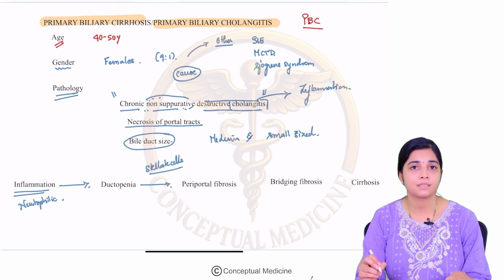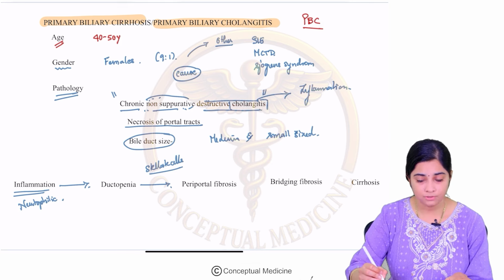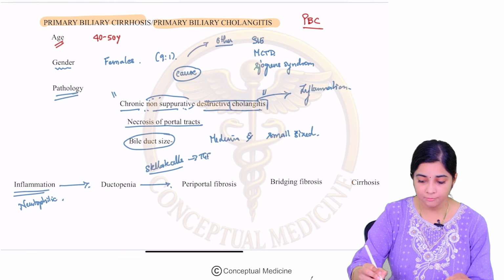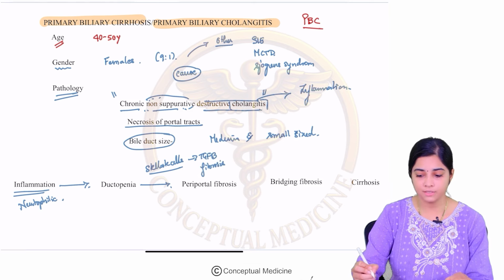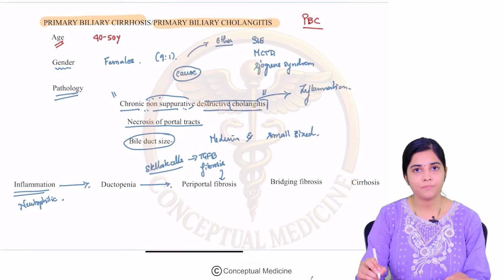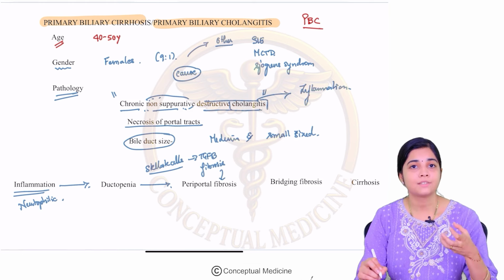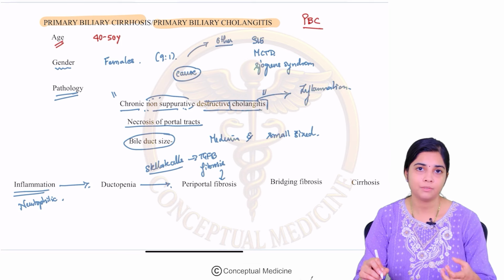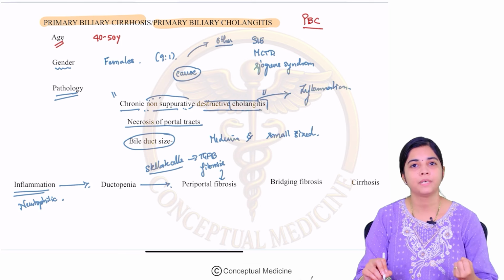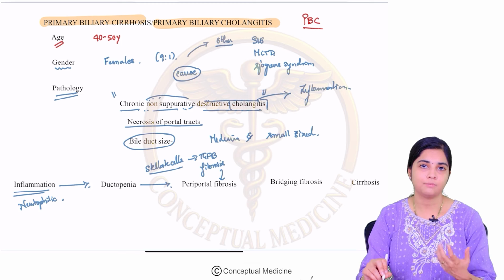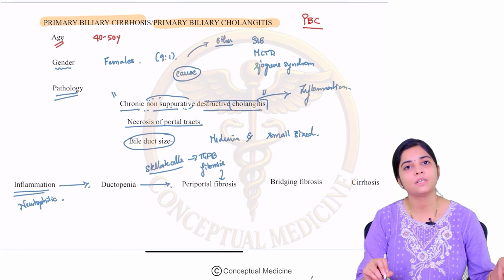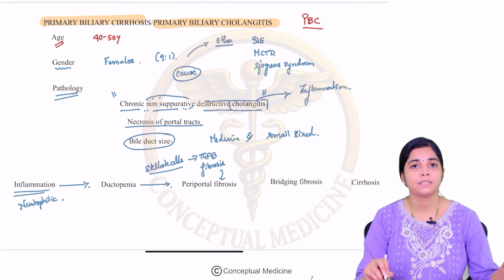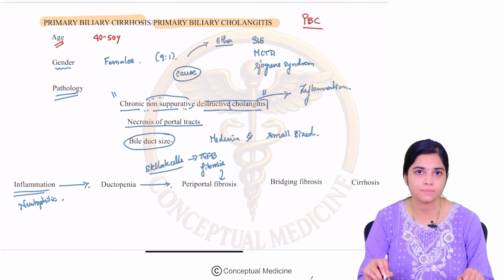When the stellate cells get activated, there is transforming growth factor beta production, and TGF beta basically causes what? It causes fibrosis. Okay? Because it tries to repair. Whenever there is an inflammation, there is destruction, it tries to repair, and a byproduct of this repair process is your fibrosis. So in a chronic long-term span, there is initially destruction, repair, finally leading to fibrosis.